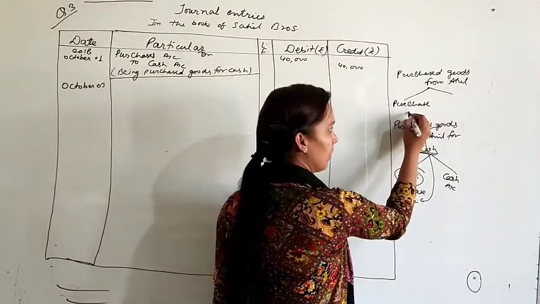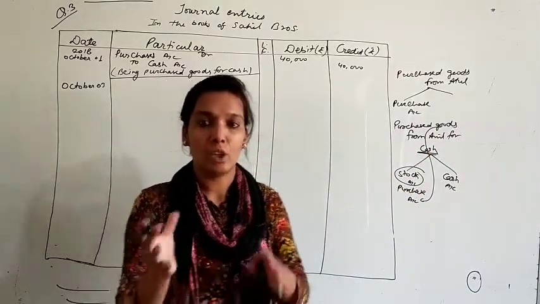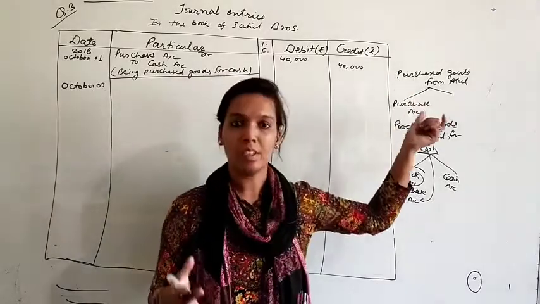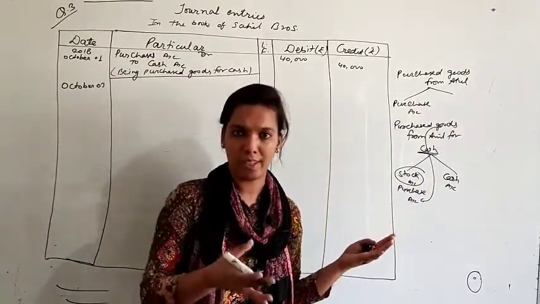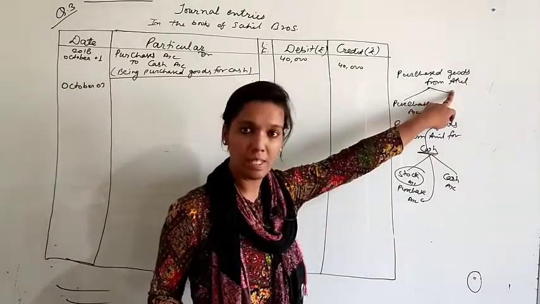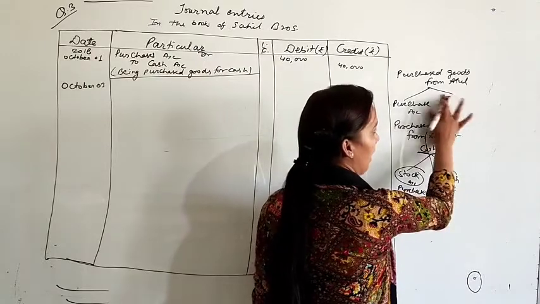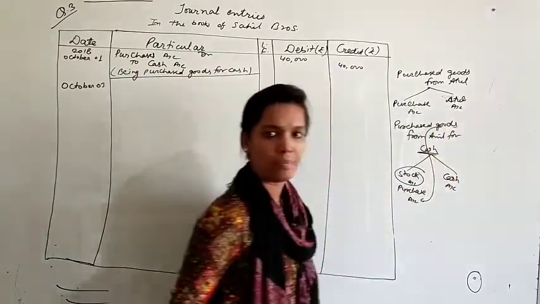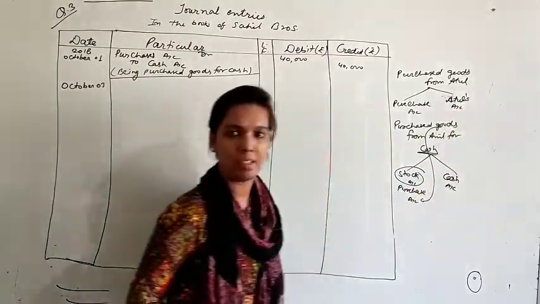For the second account, you should know whether you are purchasing on cash or credit. But in this transaction there is no mention of cash or credit. A name is given. When a name is given, we assume it is a credit purchase, and the name of the creditor will be the second account. Means Atul's account will be the second account affected in this transaction.